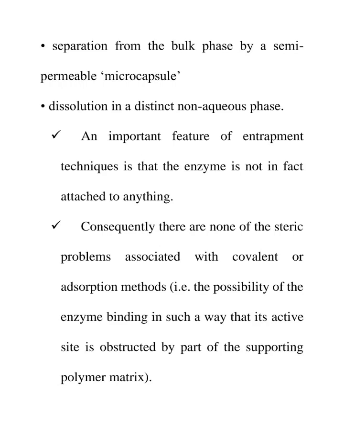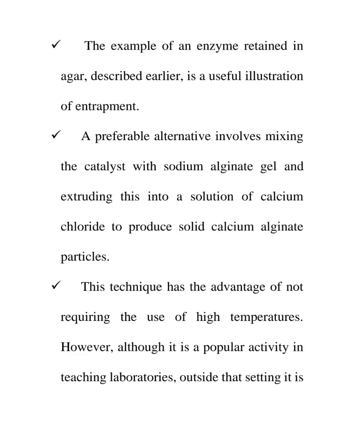An important feature of entrapment techniques is that the enzyme is not in fact attached to anything. Consequently, there are none of the steric problems associated with covalent or adsorption methods, that is, the possibility of the enzyme binding in such a way that its active site is obstructed by a part of the supporting polymer matrix.